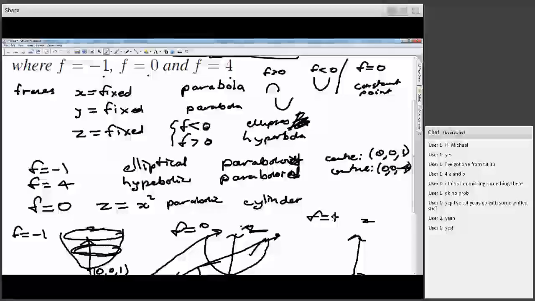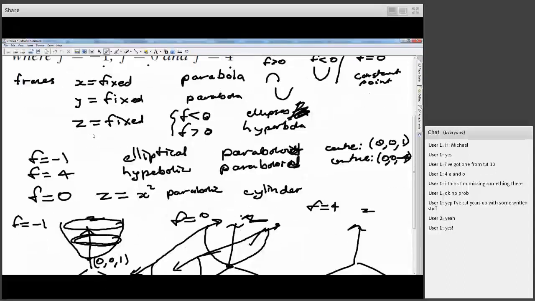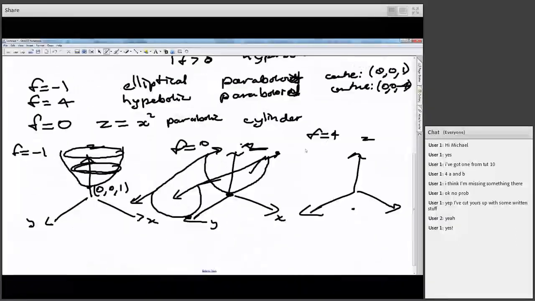So in the y direction, for fixed y values, it looks like a smiley face. So for fixed y's, you're going to get a sort of curve in that direction, and for fixed x's, it's going to curve the other direction.